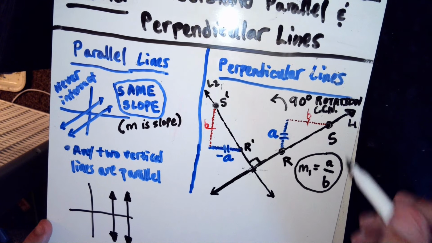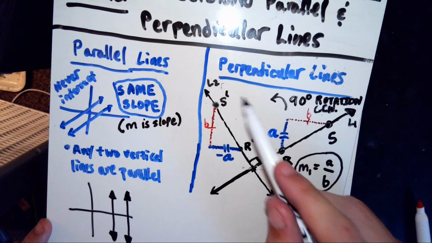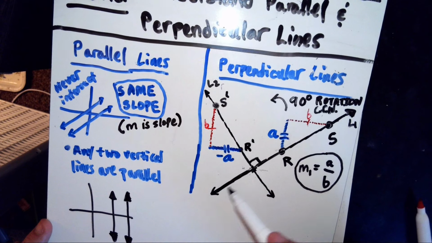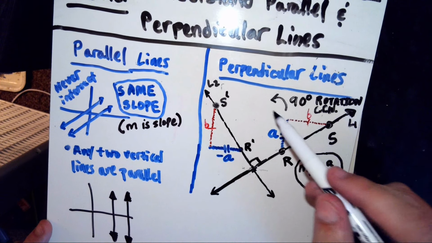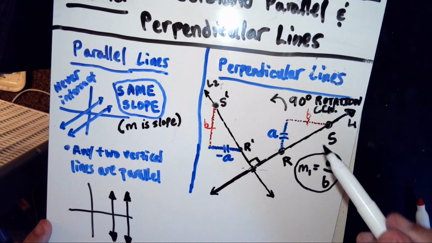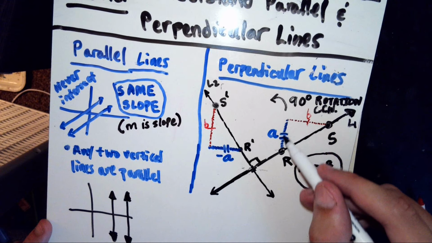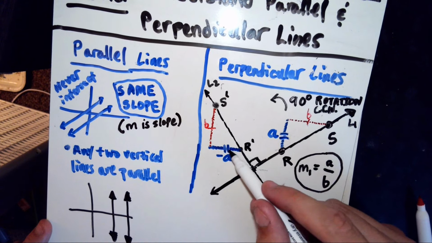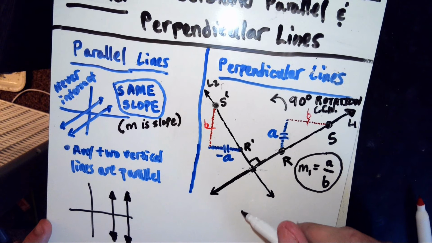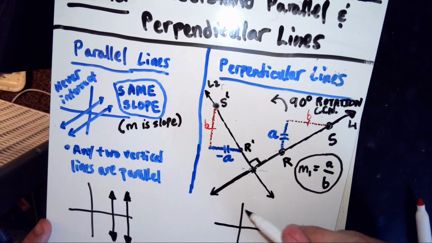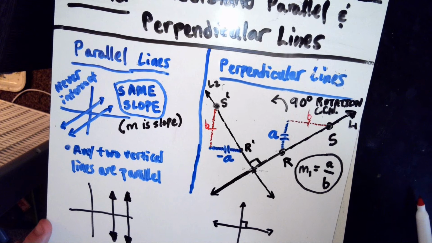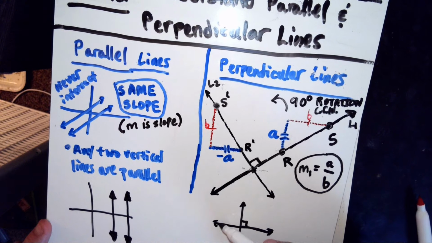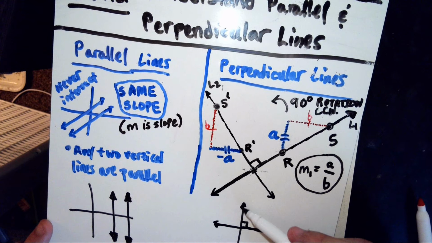Now what we do with this line is we create line L2 by taking this line and rotating it 90 degrees counterclockwise. Notice that upon doing that we get the line L2, and this vertical segment here, A, is going to become a horizontal segment, because if you have the coordinate axes, these are perpendicular to each other, and when you rotate the horizontal axis by 90 degrees, you get the vertical axis.